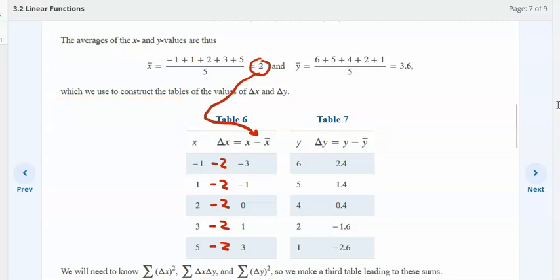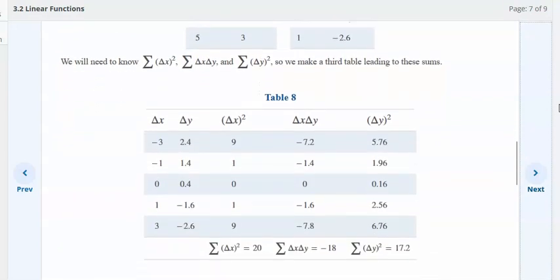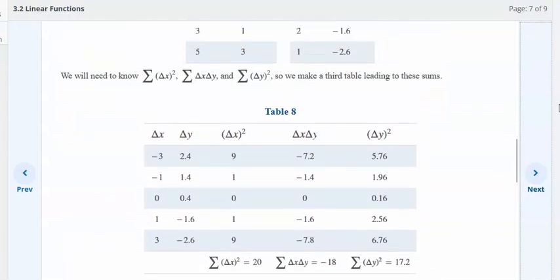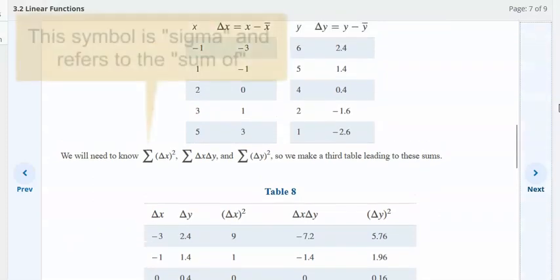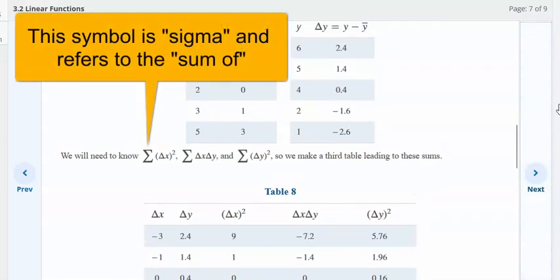And here we're going to do the subtraction of 3.6 from each of these and get this column. Okay, again, there's a lot of tedious work going on here. Let's go down to our next column, where we now bring in this value from this chart over here.